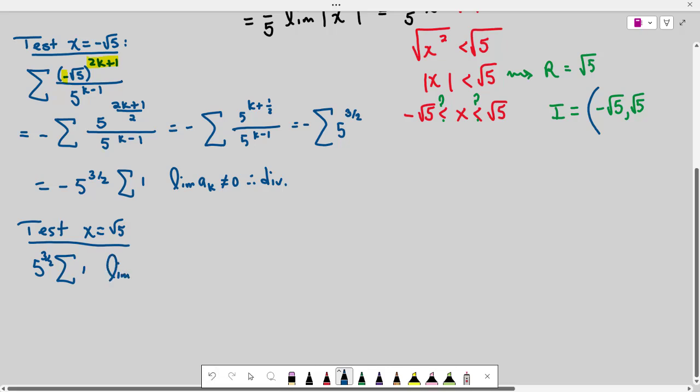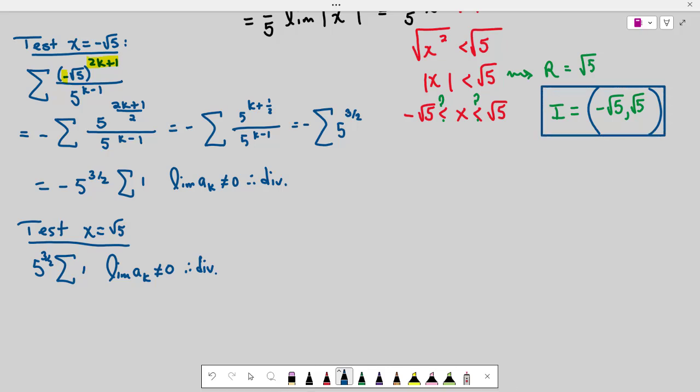Limit a sub k, again, will not be equal to 0, so therefore diverge. So our interval of convergence then is going to be open on the left and open on the right. A lot more steps when you have a variable, when you have an interval of convergence that's bounded.